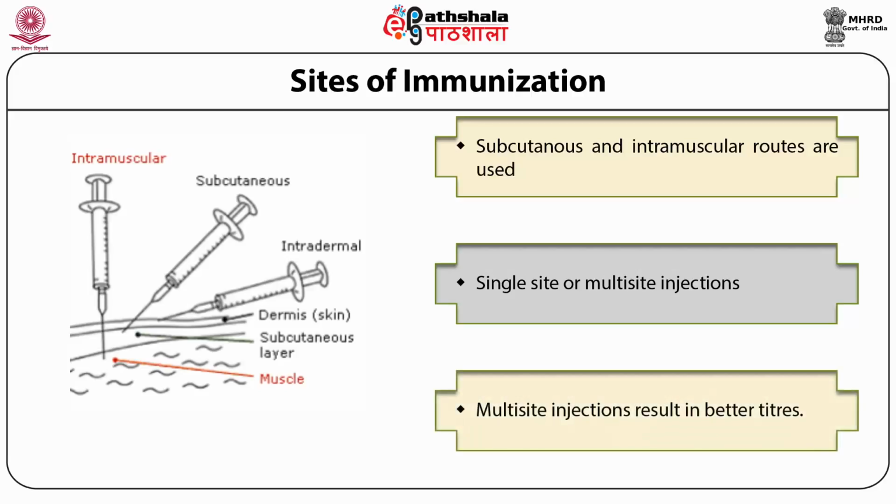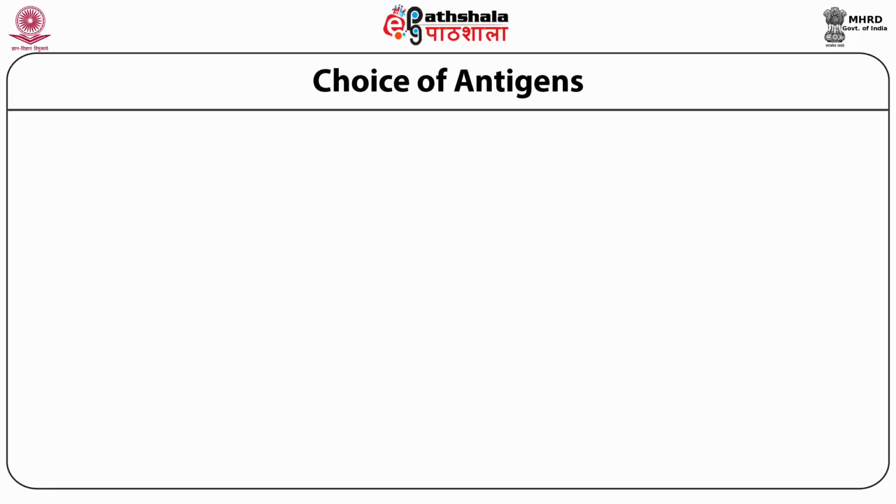Multi-site injections provoke the immune system by different routes and generally result in better titers of the antibodies in the blood of the animal. Under the best conditions, that is the optimized conditions, antisera can be raised with antigens in microgram amounts.